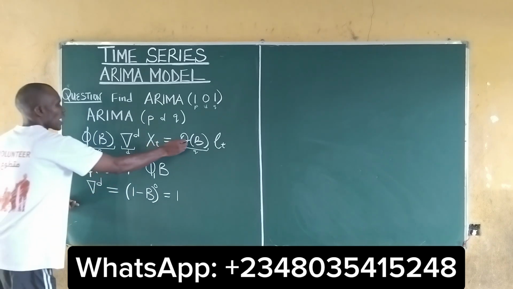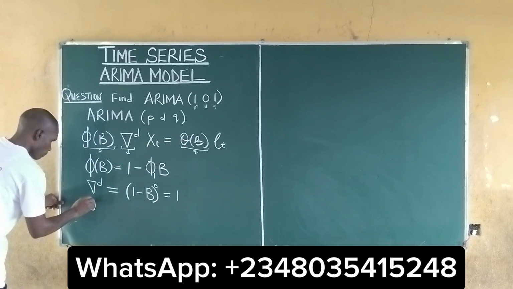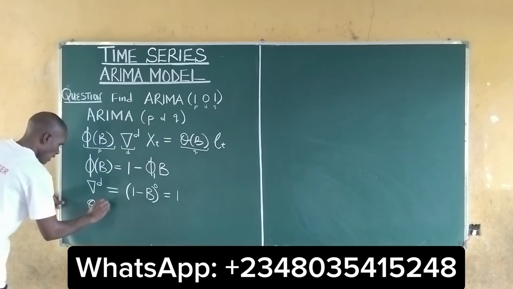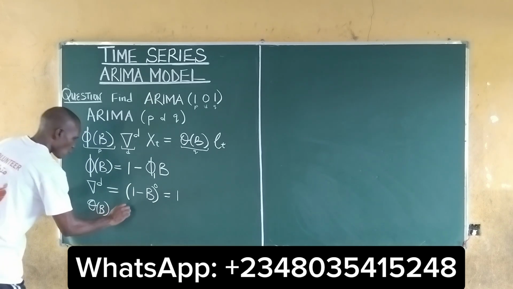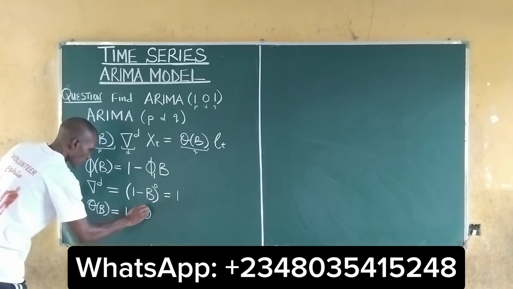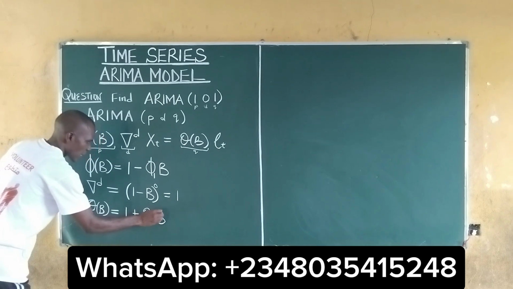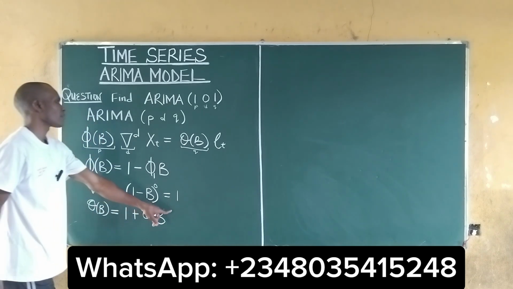Also, we have our moving average part. Our moving average part is equal to 1 plus θ1 B, and it's supposed to be 1 here.